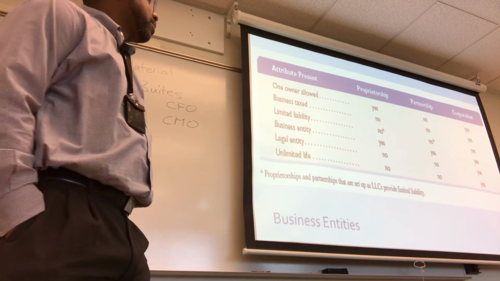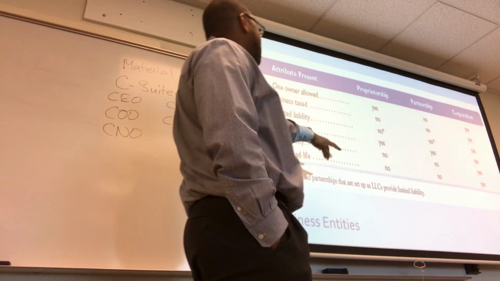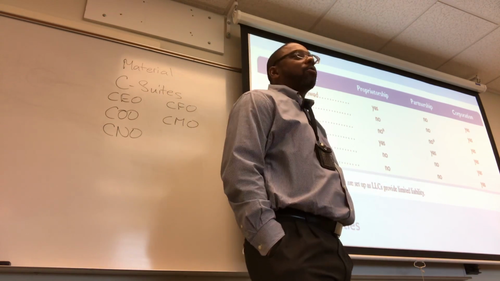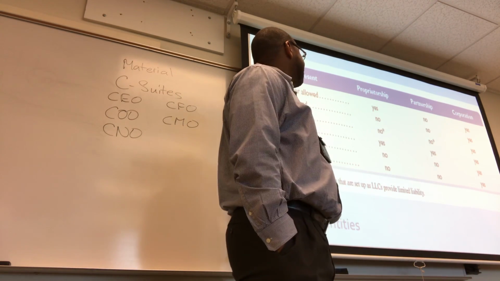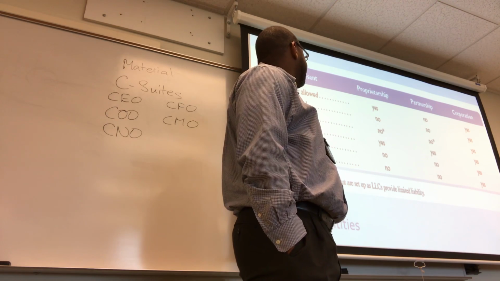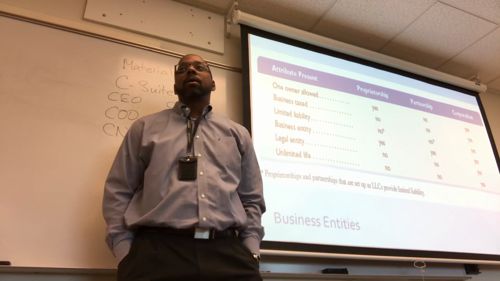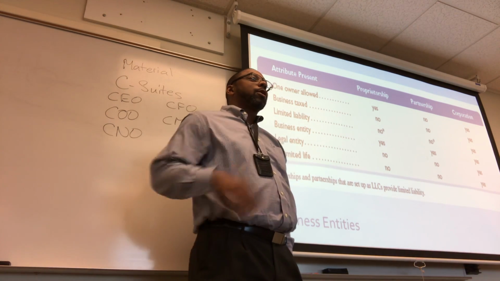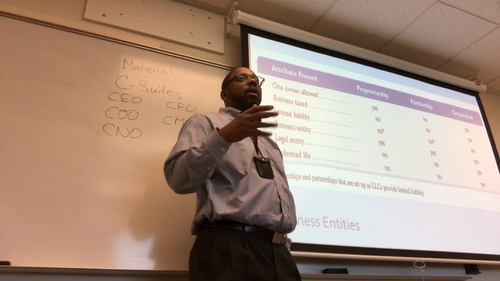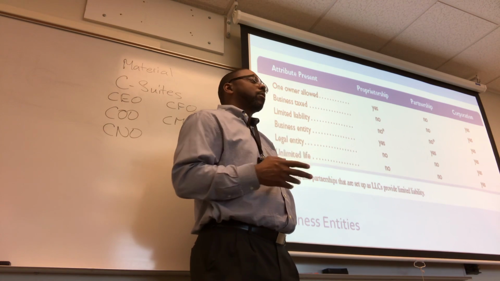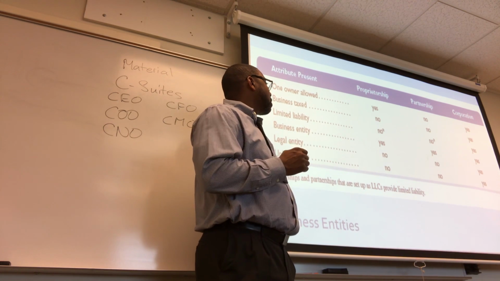They're all business entities, but only corporations are legal entities. Only corporations have unlimited life. Limited liability means that if something was to happen with the company, you can't be sued for your personal effects. Just the company can be sued.